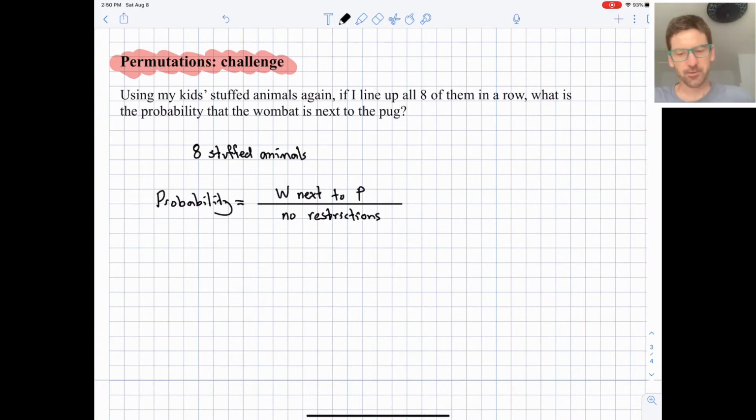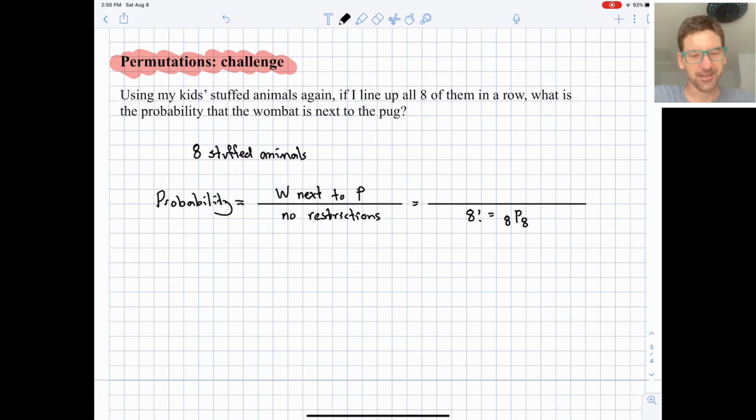That denominator is a little bit easier, so why don't we just do that one first, get it out of the way. There's no restrictions. How many ways can we arrange 8 different things in a line? That's going to be 8 factorial. By the way, that's also going to be 8 pick 8. So that should be easy to figure out, 8 factorial or 8 pick 8.